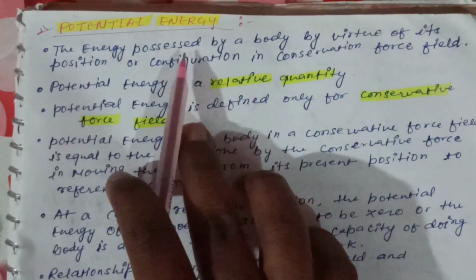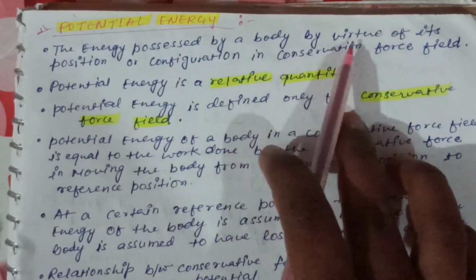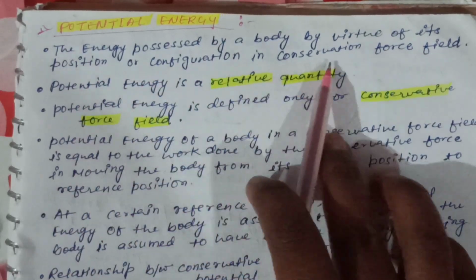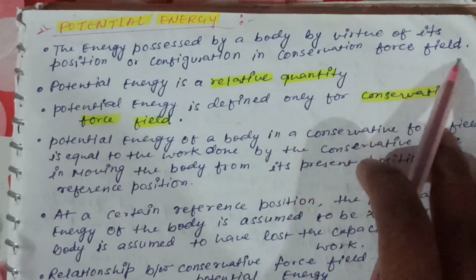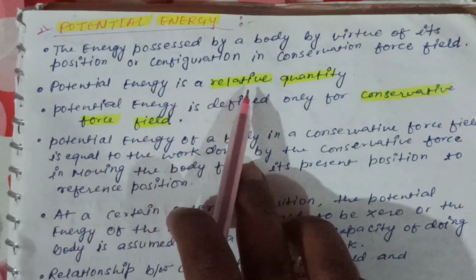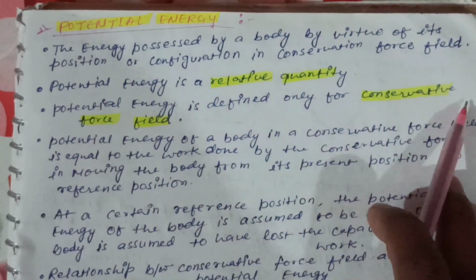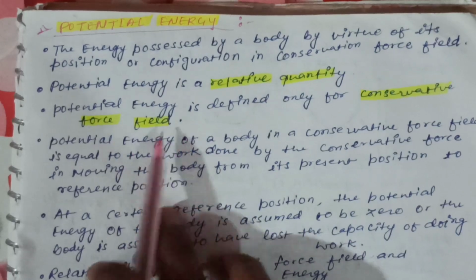Potential energy is possessed by a body by virtue of its position or configuration in the conservative force field. Potential energy is a relative quantity. Potential energy is defined only for a conservative force field.